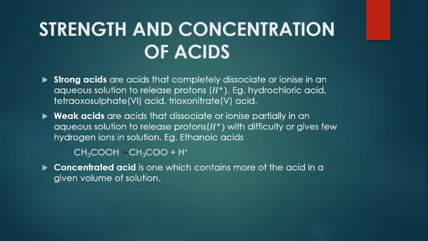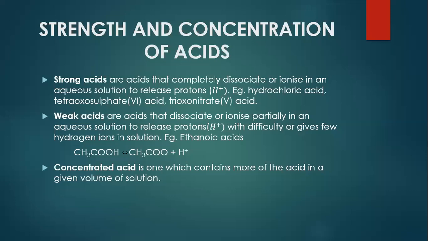Then by mistake, you pour a lot of sugar inside. At that point, your garri mixture is concentrated with a lot of sugar because you poured more inside. So over here, it contains more of an acid in a given volume of a solution. That is a concentrated acid.